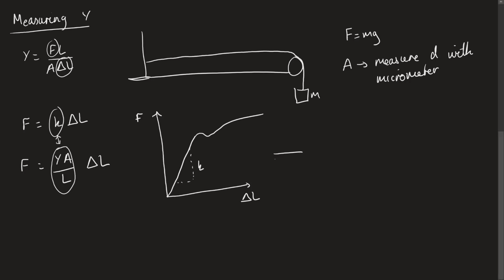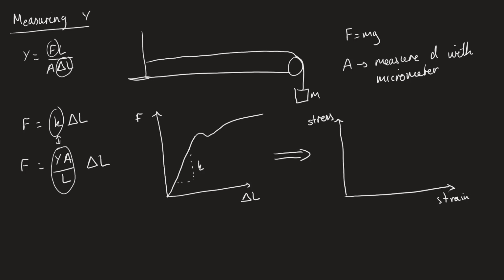So now to get it into the terms of Young modulus, I have stress on my y-axis and I have strain on my x-axis. And instead of me drawing these different graphs for these different things, I'm actually going to insert a graph in here now that we can look at and analyze from there.